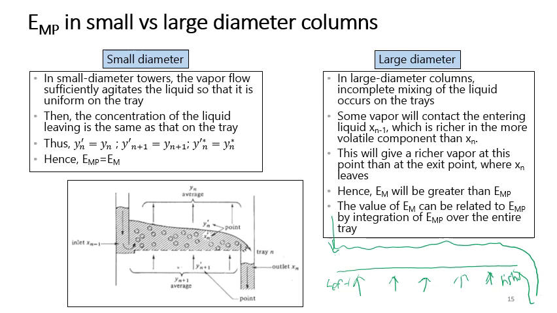The vapor in contact with the entering liquid will have a richer vapor composition compared to the vapor in contact with the leaving liquid. So that's why in this case the Murphree point efficiency is quite considerably different from the Murphree plate efficiency.